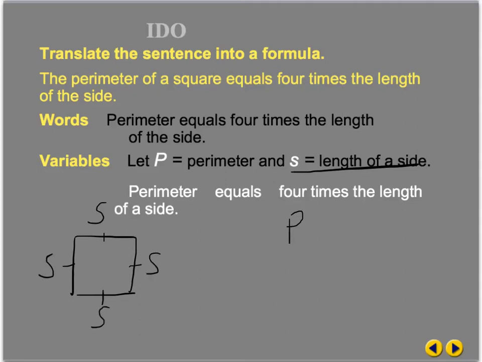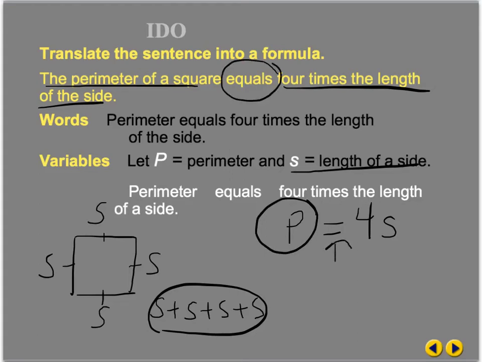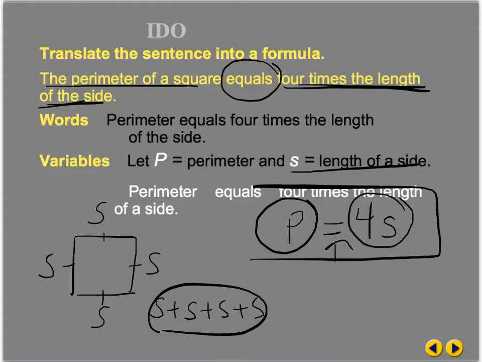If I add up all of these, I will have s plus s plus s plus s, and that's equal to the perimeter. And here I have 4 times the length of a side. So really, if I add these all up, I have 4s. Let's read that back: the perimeter of a square equals 4 times the length of a side. So here would be your answer.